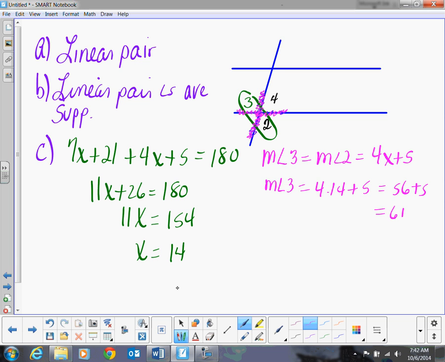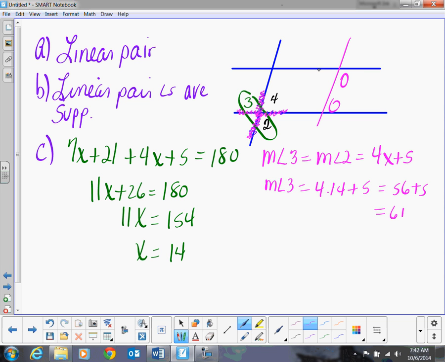What kind of angles were 8 and 1? Alternate exterior. What type of angles are 12 and 13? Alternate interior. What about 8 and 14? This is 8 and 14. What type of angles? Same side interior.